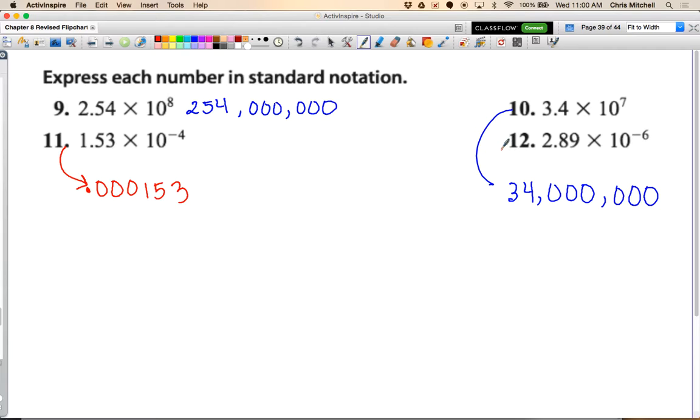And number 12 would simply be 5 zeros: 1, 2, 3, 4, 5. Don't forget to put your decimal, 289.